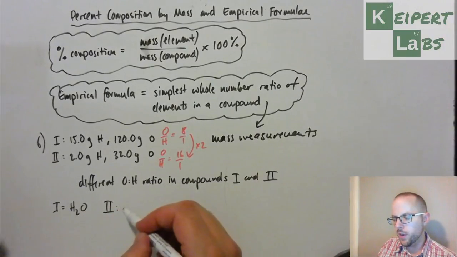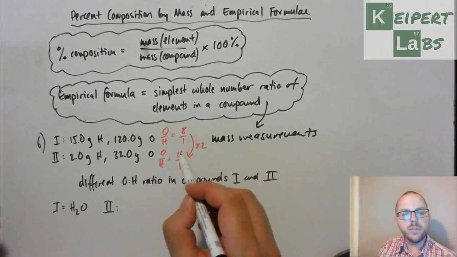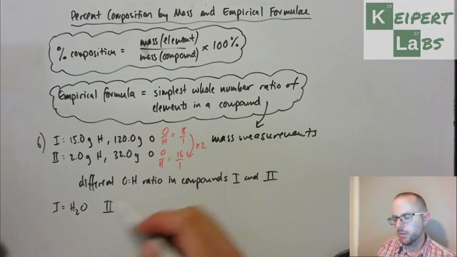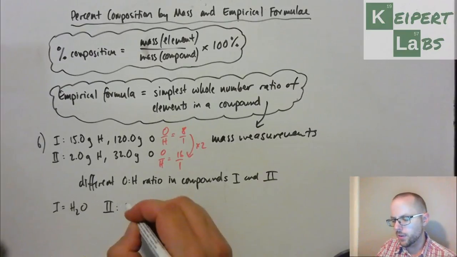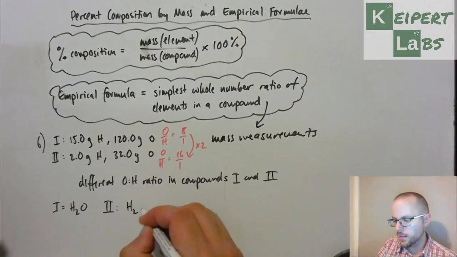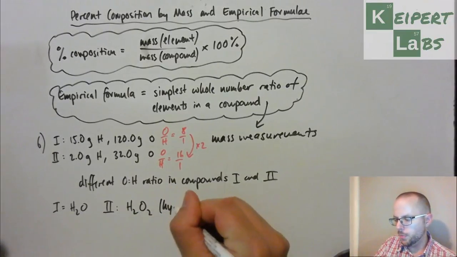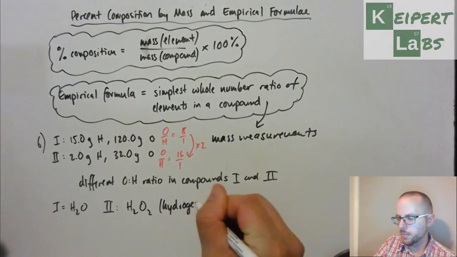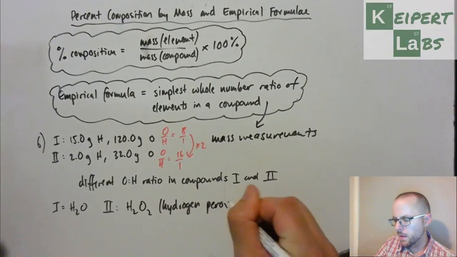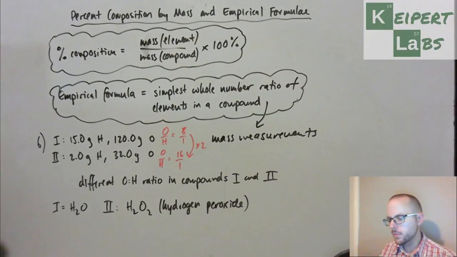We've got double the oxygen for the hydrogens, so we're going to end up with twice as much oxygen. And so we end up with this compound, which is called hydrogen peroxide. Biologists might take note here. Hydrogen peroxide, H2O2.